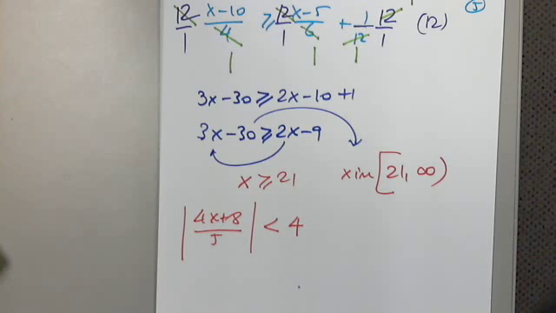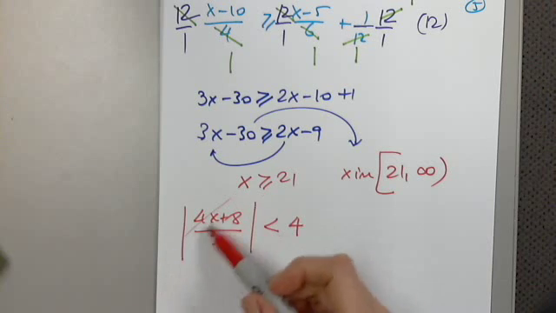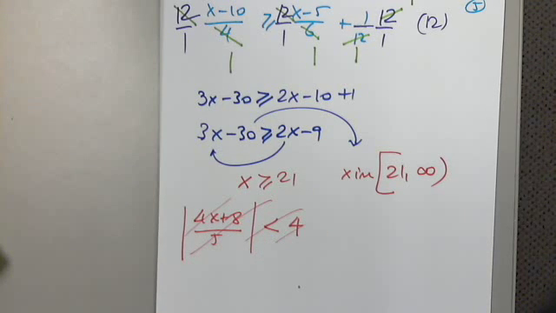Let's read it. Blah, blah, blah in absolute value less than 4. Is it this or is it this? Yes. It's the smallest, right? The in between. So how do I write this? Because if I don't rewrite it, I don't know how to solve it. I can't do anything. So what does this change into?